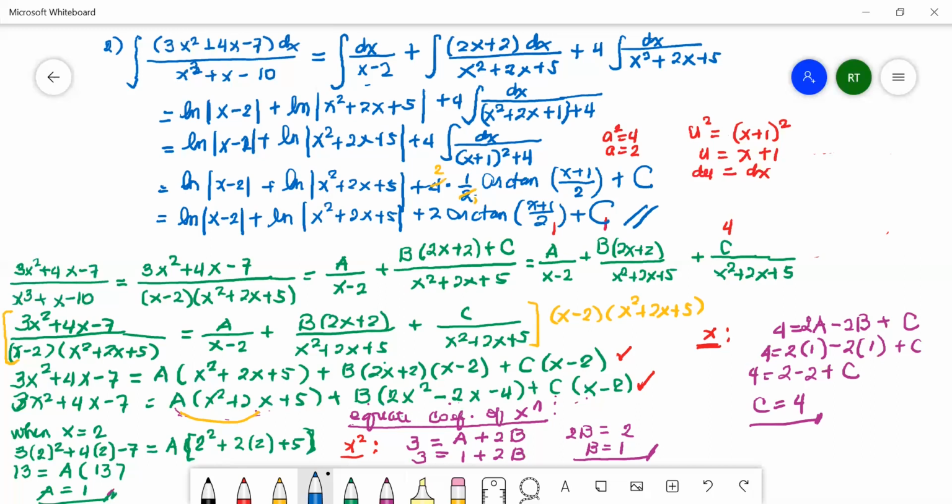And this is the integral of 3x squared plus 4x minus 70x over x cubed plus x minus 10. Okay, so this will end module 1.